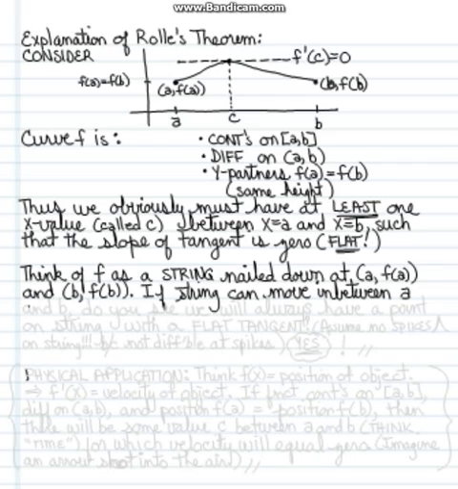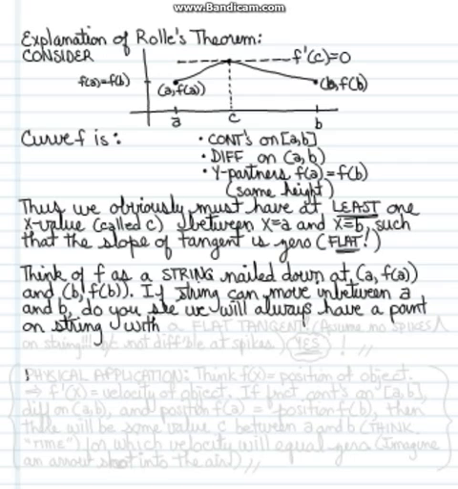In other words, it's continuous and it's differentiable. Okay, so we will make sure that those conditions are met, and in those cases, you can see from the string analogy that you'll always be able to get a flat tangent.